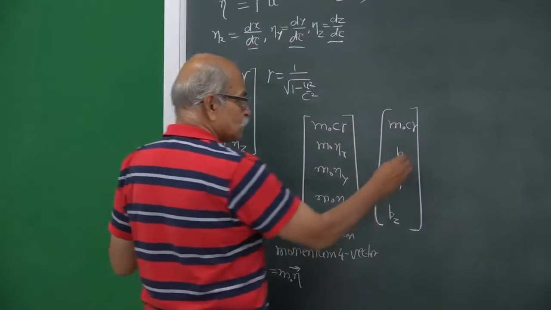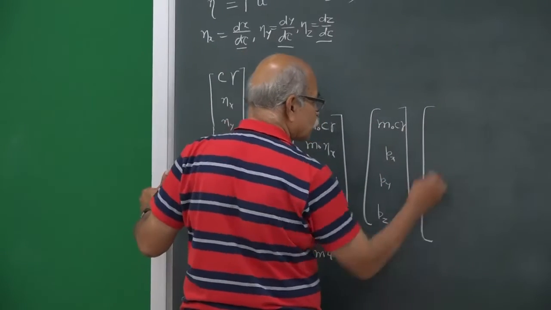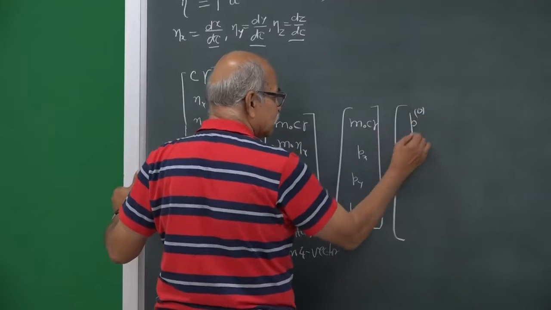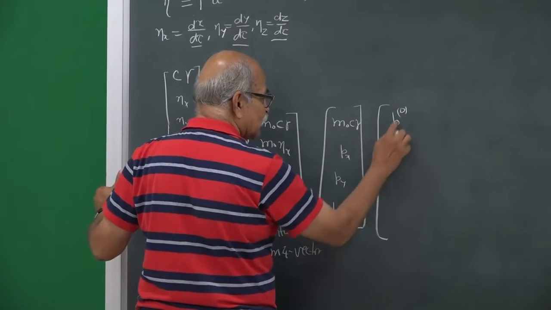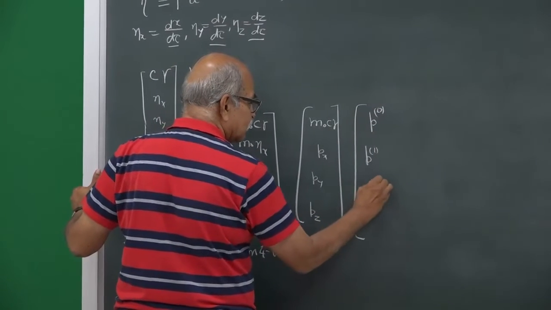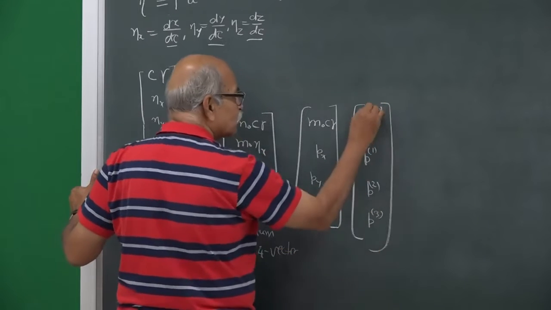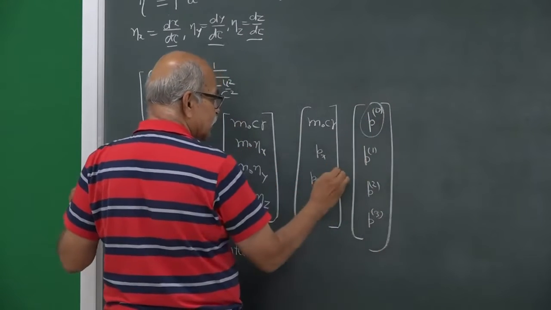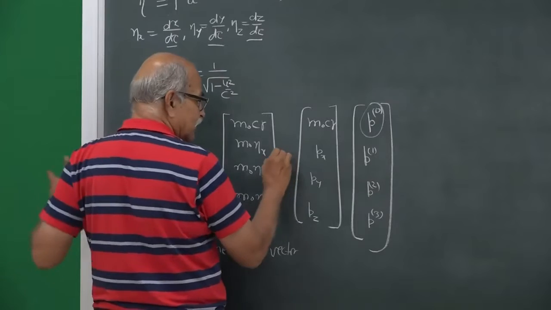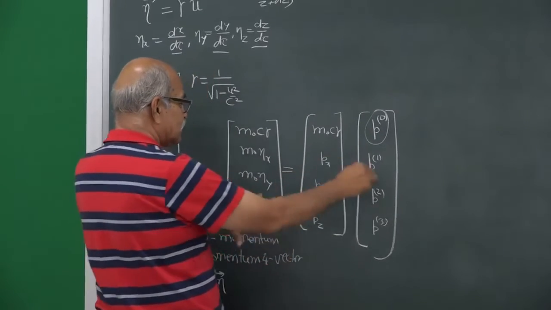You write it as the p0th component in our standard symbol, 0th component, first component, second component and third component. So, the question is, what is this 0th component? These are all the same, just the symbols are different.